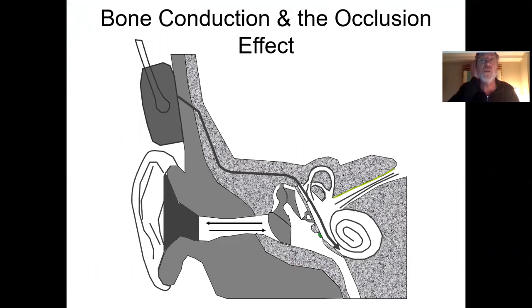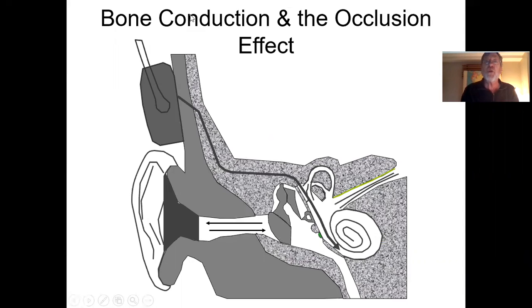Maybe you put headphones on and the person has a hearing loss. Take off the headphones, put a little box on the mastoid bone behind your ear, and you'll deliver the sound straight through bone conduction, and it'll get to the inner ear. You are bypassing the outer ear, and you're bypassing the middle ear.